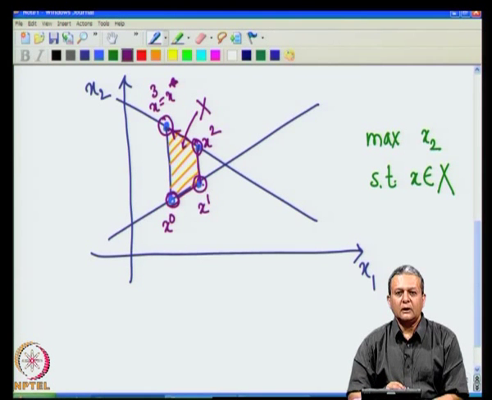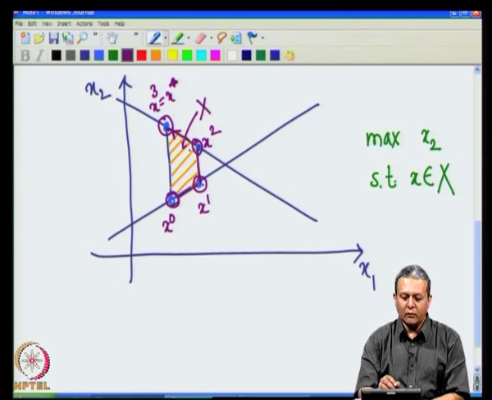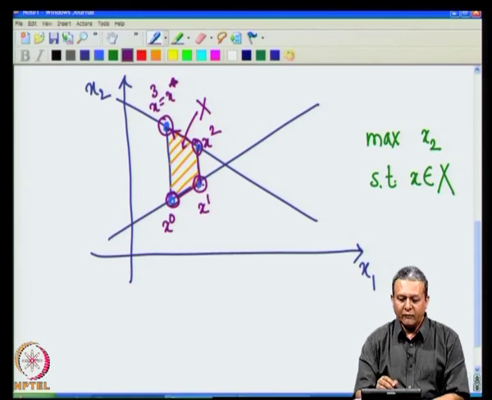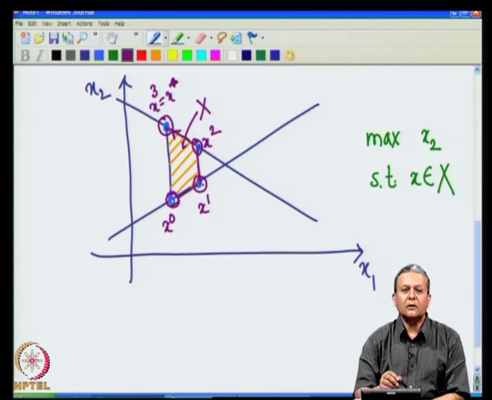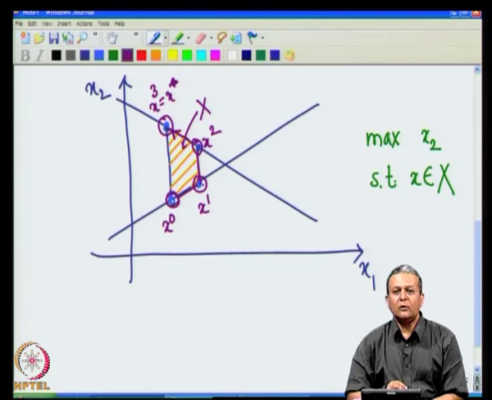So, this example can be extended to a high dimensional case, and it is possible to construct examples where, for a given problem, starting from a particular point, the simplex method obtains the solution only after visiting all the possible vertices. In this case there are 4 possible candidate solutions, and if we started from here and followed this path, we had to visit all the vertices to get the solution.